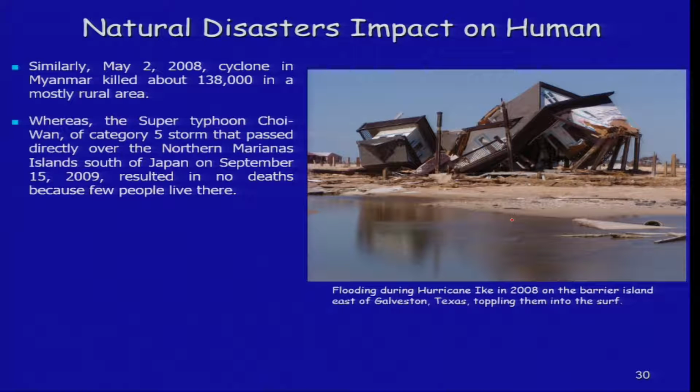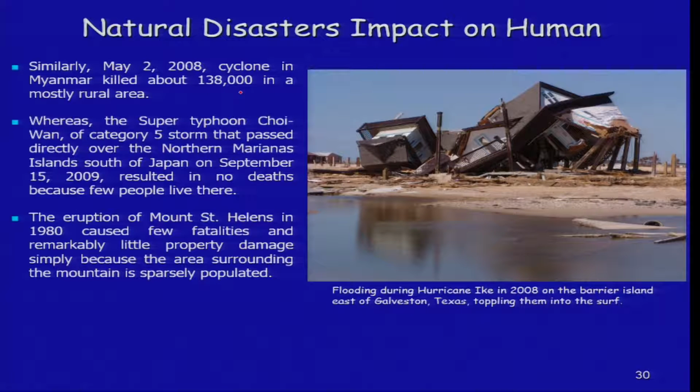Whereas there was a super typhoon, categorized as a category 5 storm, which passed directly over the northern islands south of Japan, but it resulted in no deaths, because very few people live in that area. Whereas in Myanmar, it was not so severe a cyclone, or a storm that can be categorized as 5, yet it killed many people.